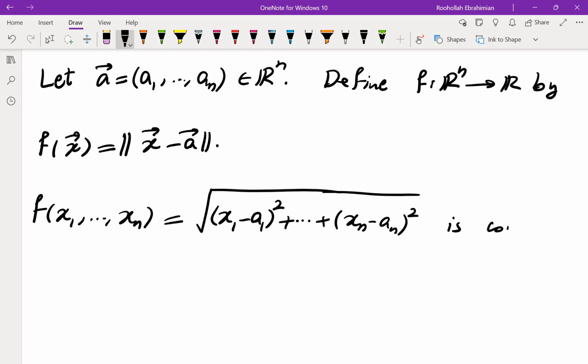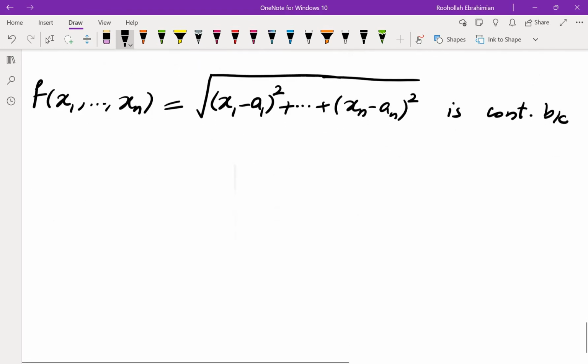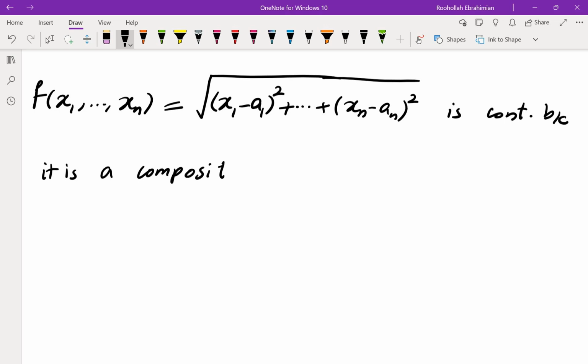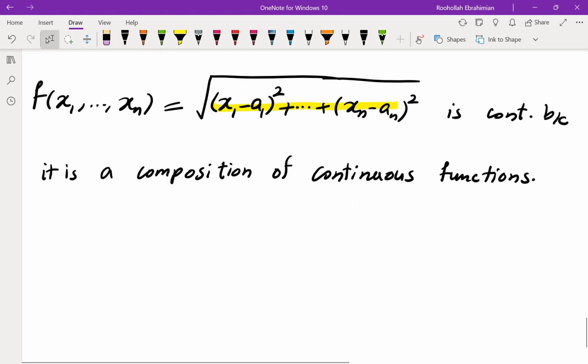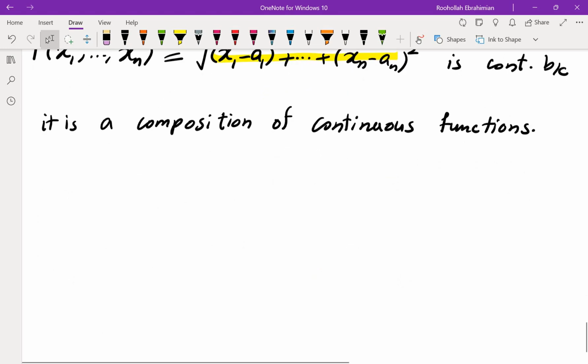And this is continuous because it is a composition of continuous functions. We know that the inside is continuous because it's a polynomial, and we know that square roots are continuous as well, and the inside is never negative. Therefore, this is continuous.